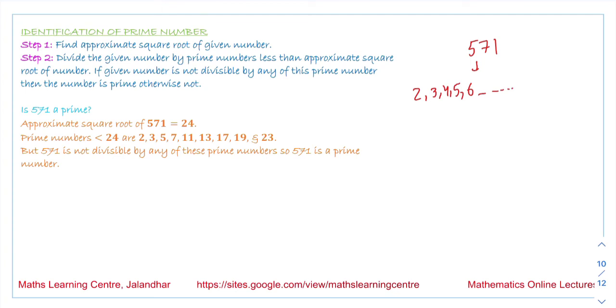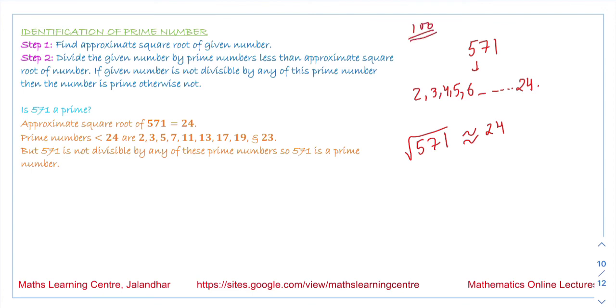What this method says is that you calculate the square root of 571. The approximate value is 24. So we will just check up to 24. We need not check up to 100, 200. We need not check whether it is divisible by 100 or 218.